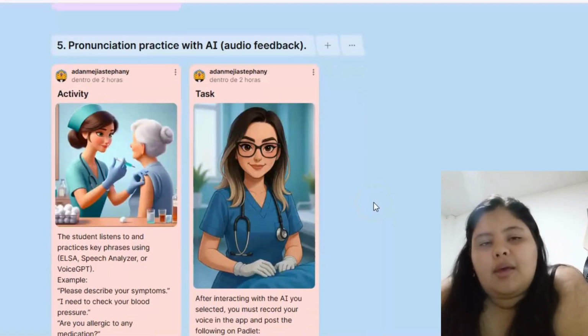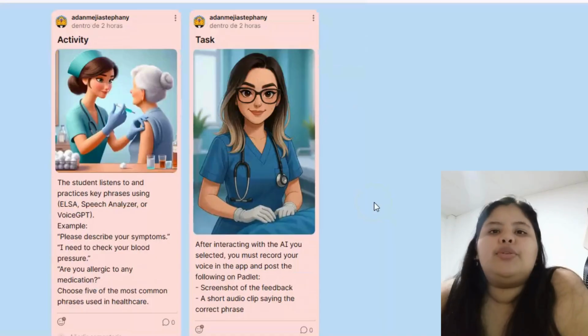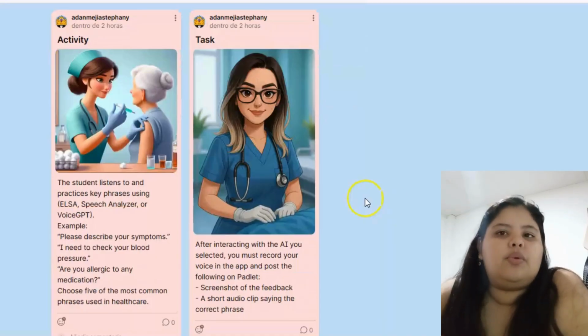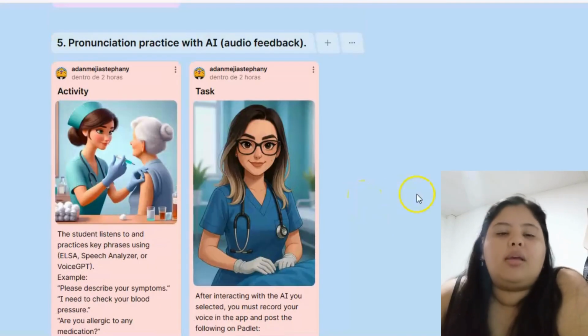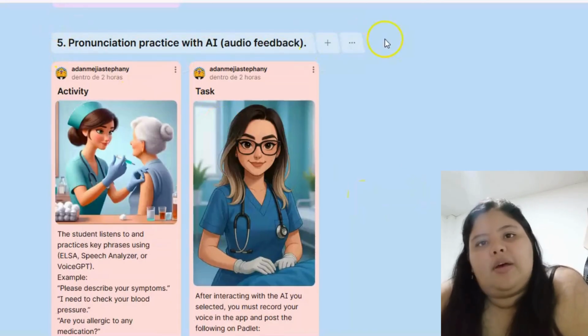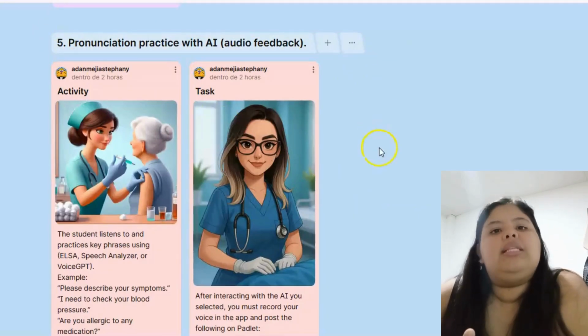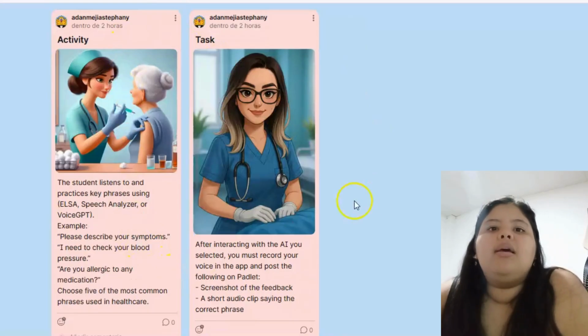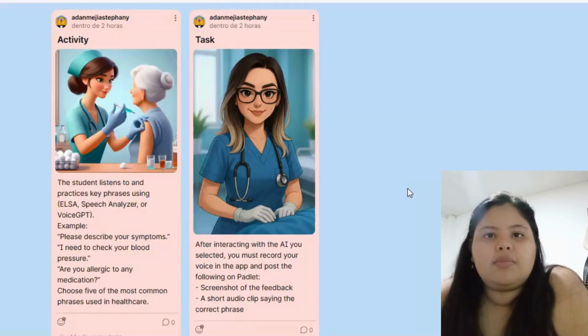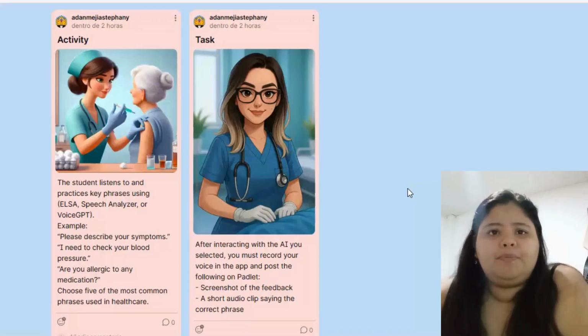Finally, in phase 5, the student practices pronunciation with the AI and receives feedback. This phase begins when students listen to and practice key phrases using the AI speech analyzer or ChatGPT. For example, please describe your symptoms.